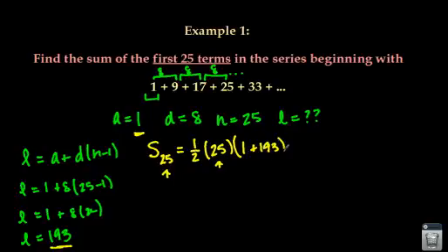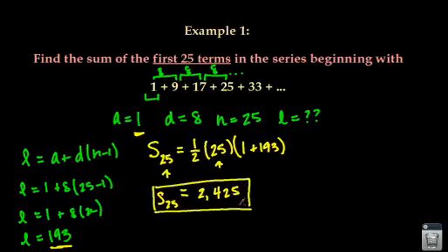If I pop this into my calculator, I get a sum for 25 terms of 2,425. So that's how you would get the sum if you find the last term and then plug it into the summation equation.